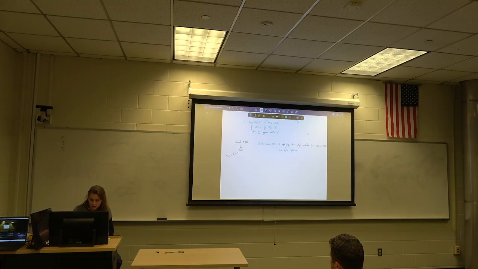Okay. So they do this just as an idea. They use this notion of a closure of a code. If I have a code C, the closure C tilde is defined by multiplying every single code word by every single non-zero element in the field.